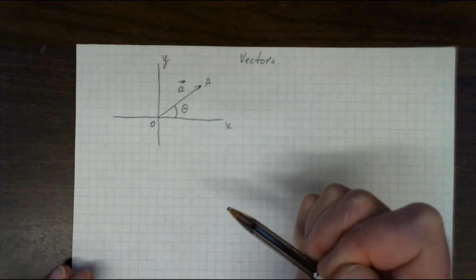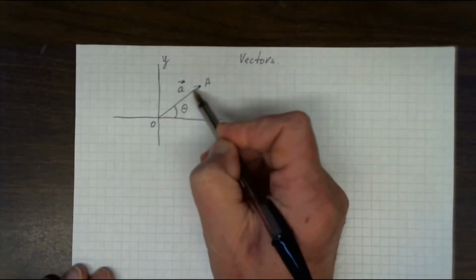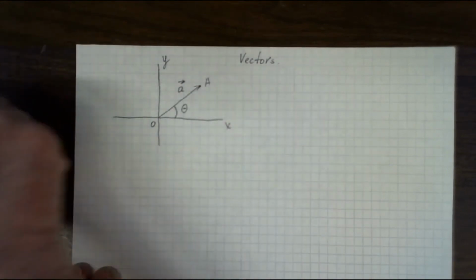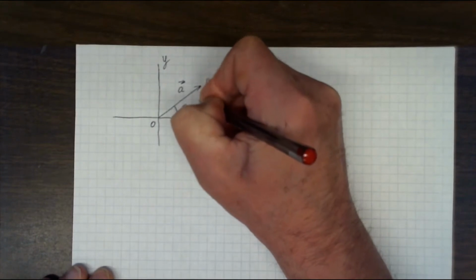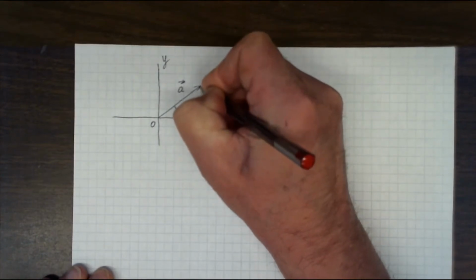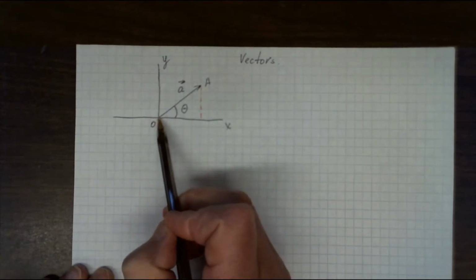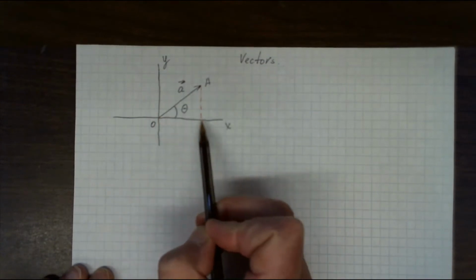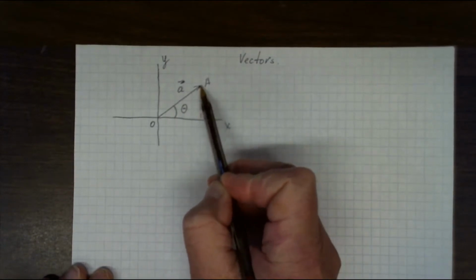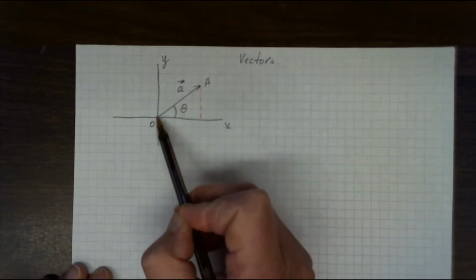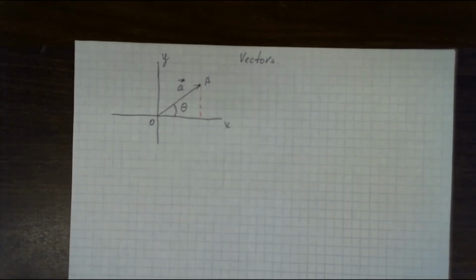Now, we can actually replace this path with a conceptually simpler one. If I'm talking about the displacement in space, I can walk from point O to this point and from this point to point A. Note, I'm walking along two principal axes always.